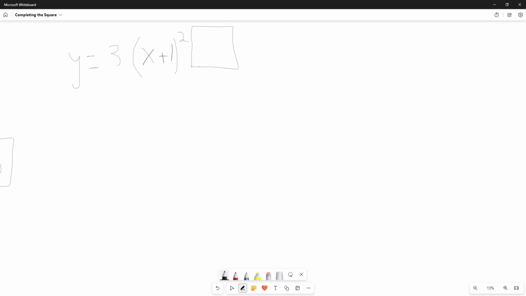So we know it opens up because we have a minimum point, and the vertex, symbolized by V, is at x minus 1. But what do we have here? We don't have anything. Well, it's actually an invisible plus 0. So the y value here is just 0. And that is how you interpret the vertex form.